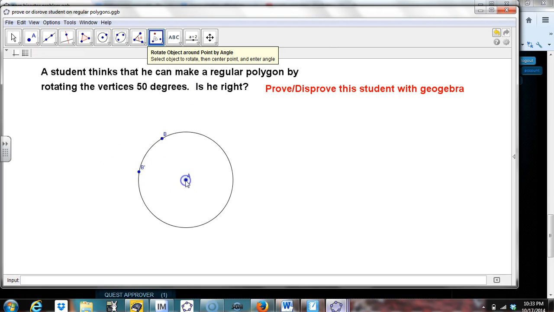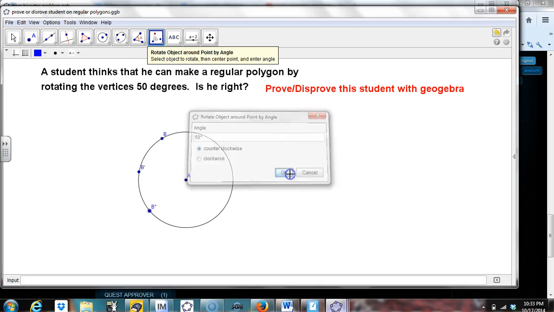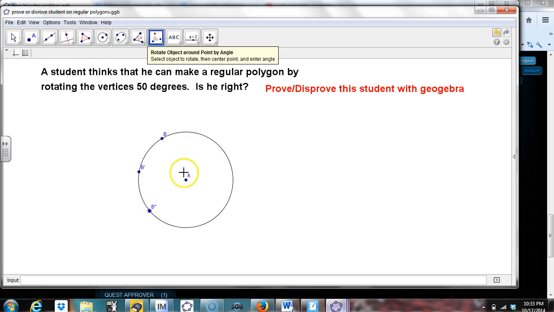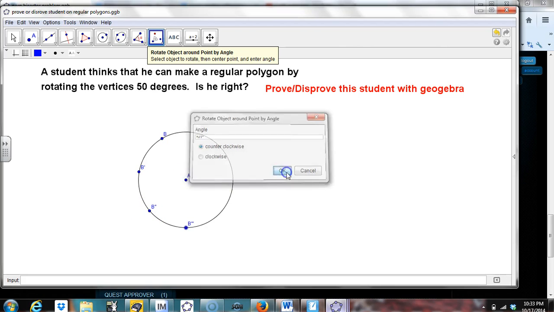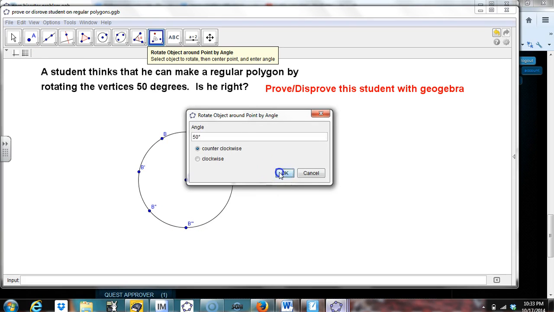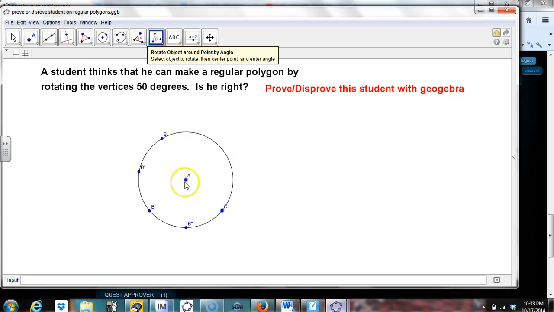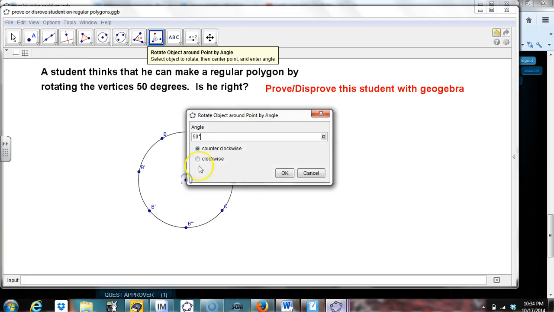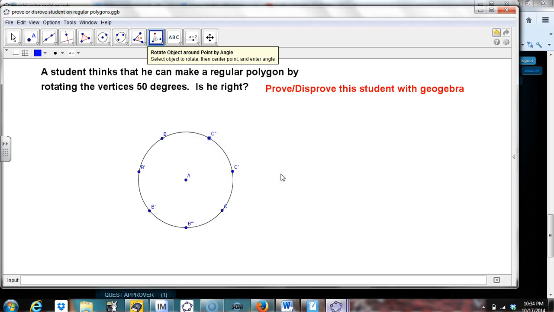B prime to A. And we can just try to continue this around, see what happens. So that would be like 100 degrees, 150 degrees, 200 degrees, 250 degrees, 350 degrees. Well, we would only have 10 more degrees to go to get to 360.